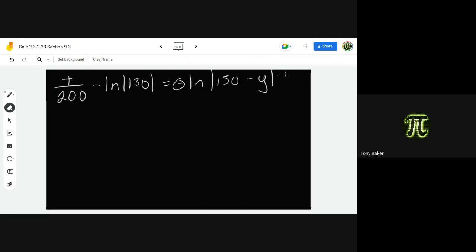Let's get rid of the negative sign over here so I don't have to deal with that part. So minus, plus, plus. Okay, so I have e to the ln of 130 minus T over 200 equals 150 minus y, at least the absolute value.